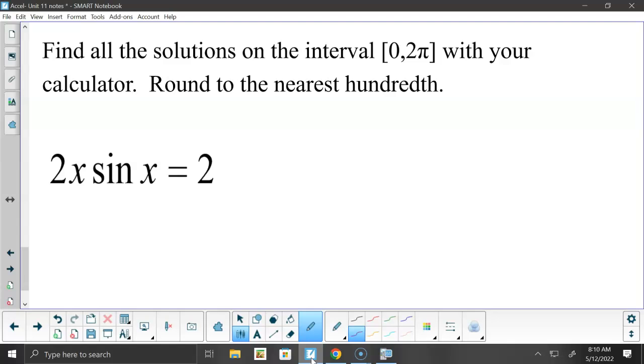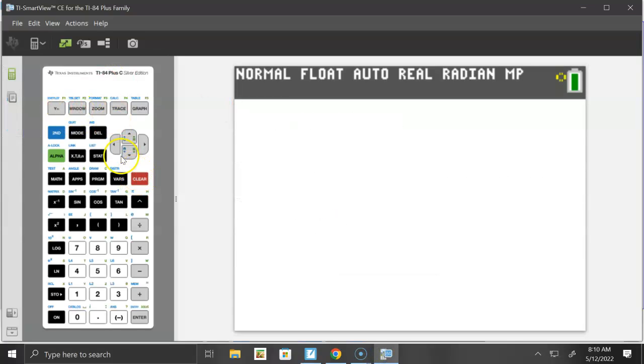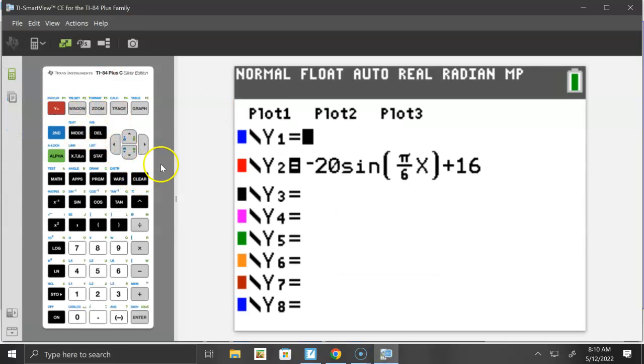All right, so you got that written in on your notes? All right, so what mode should our calculator be in? Radians. I'm in radians.